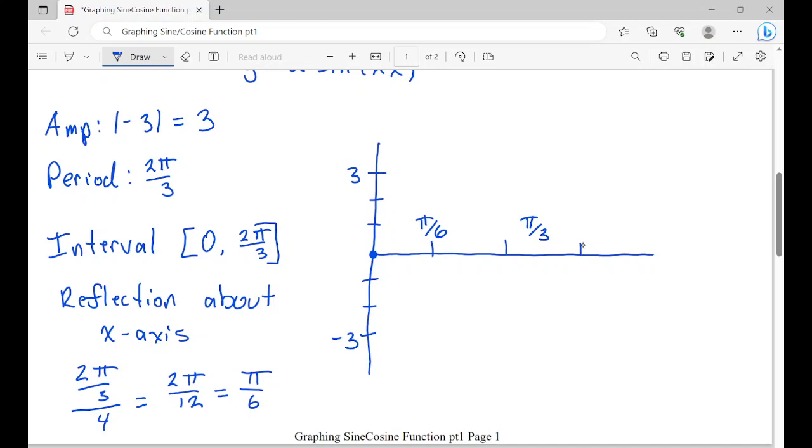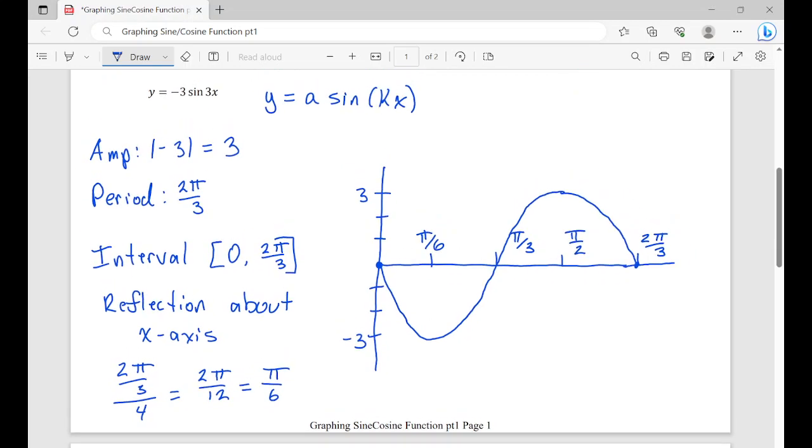Then here is going to be my pi over 2. And then out here is going to be my 2 pi over 3. And so now I'm just going to graph it. So I'm going to go down to 3, then up through here, and capping off at pi over 2, and then going back down and stopping here. So this would be one complete period of this trig function here.